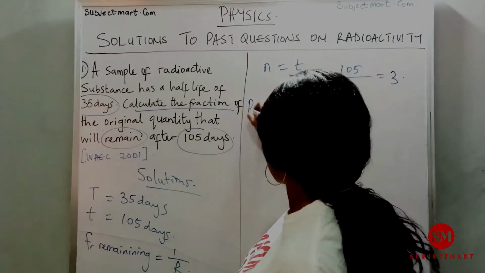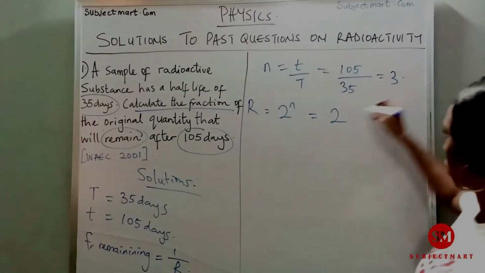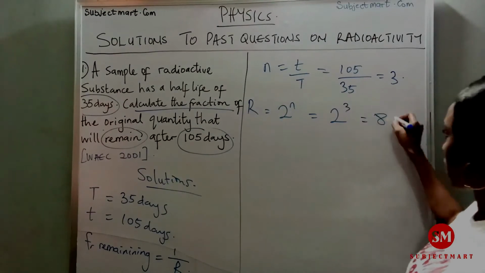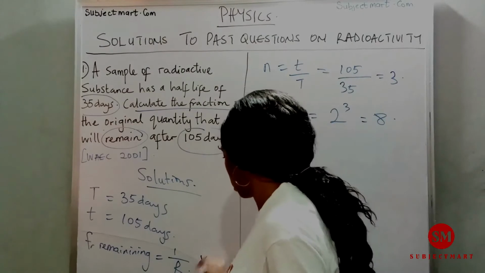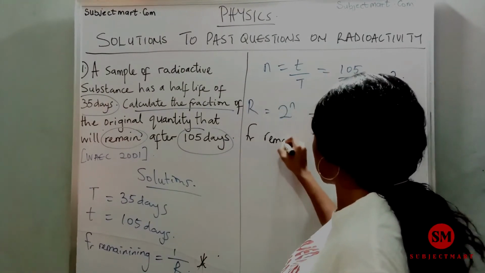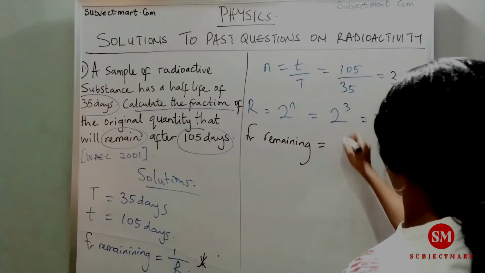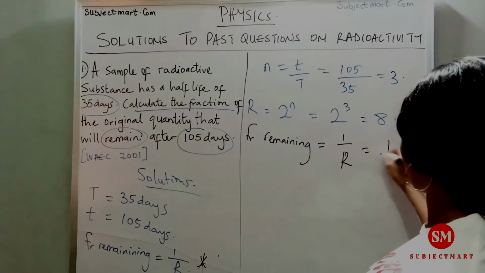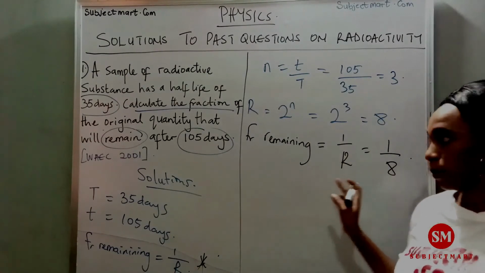R is equal to 2 raised to power n, which equals 2 raised to power 3, and that will give us 8. Now, coming back to the fraction remaining, to calculate the fraction remaining, we have 1 over R, which equals 1 over 8. You can see that it's very, very simple.